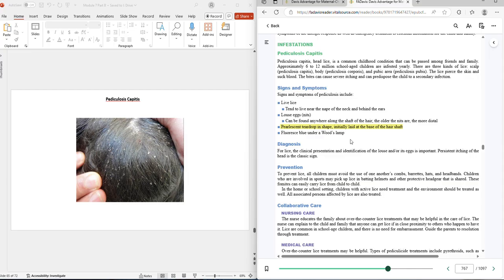The louse, which is the live adult laying the eggs, you may see it crawling around in the head of the child. But they like warm, dark spots, like behind the ears and the nape of the neck, so you need to be checking. Lighter colored hair and oilier hair is where they like to be. So make sure you're checking that.